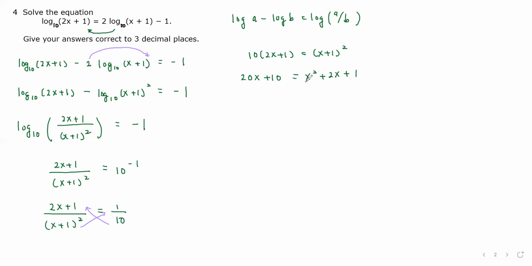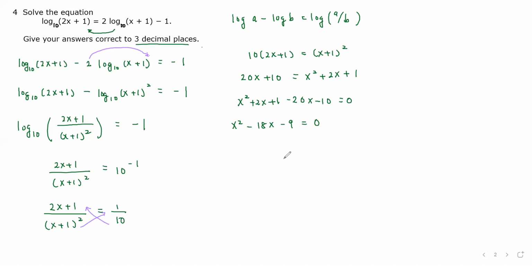Rearrange everything, put everything on one side so that x squared plus 2x plus 1 minus 20x minus 10 equals 0. x squared minus 18x minus 9 is 0. This is a quadratic equation. Unfortunately, it cannot be factored. The answer must be correct to 3 decimal places.